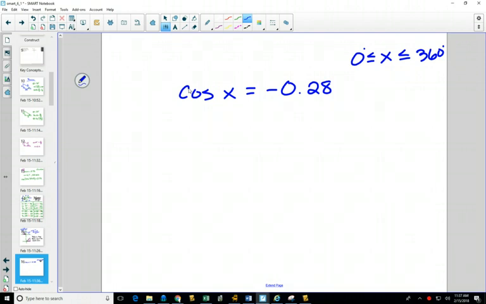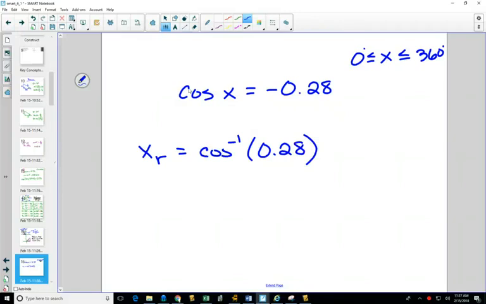So when you were dealing with this question in grade 11, the first thing you would have solved for is your reference angle. This is where the little r comes into place. We take whatever angle we have, in this case it's x, we write a little r to say we're finding the reference angle for x. And we figure that out by doing cos inverse of 0.28.